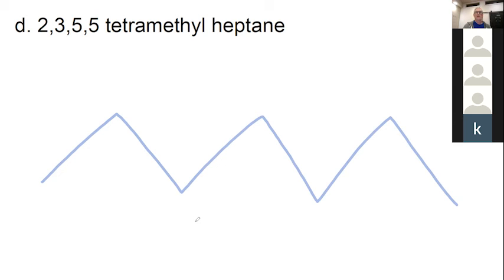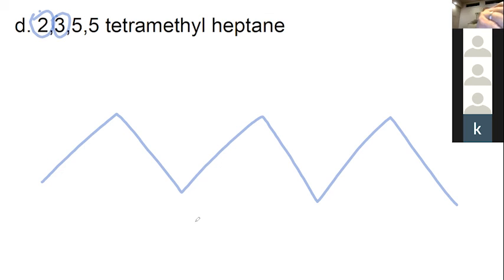And where are my substitutions? Carbons 2, 3, and 5. Right. So I have one substitution at 2, one substitution at 3. How many substitutions do I have at 5?